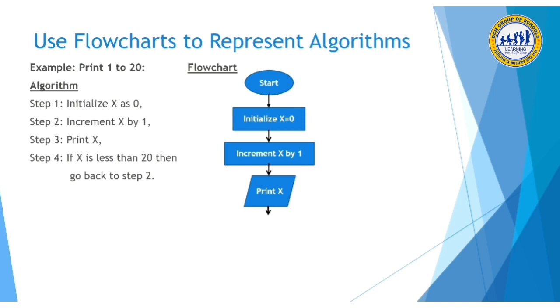Here the condition is mentioned in a diamond where it will check the value of x. Further, if the condition is true, it will go back to process 2 and follow the next steps, and if the condition is false, it will terminate the process here.